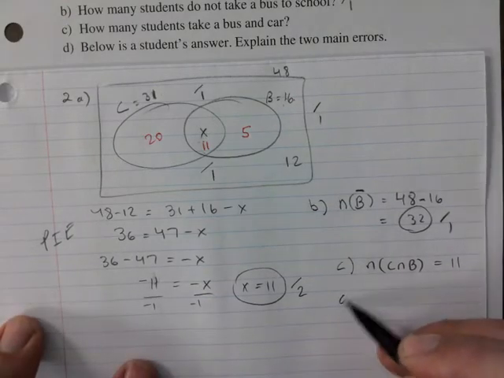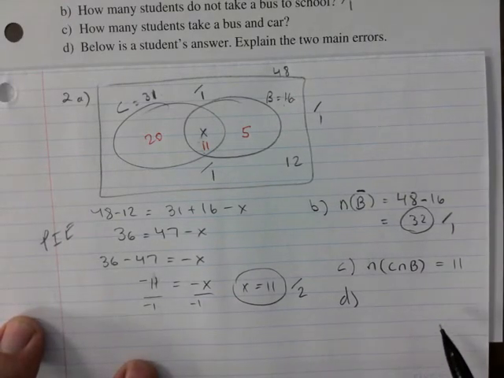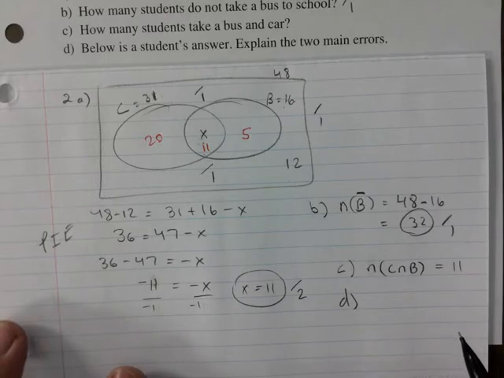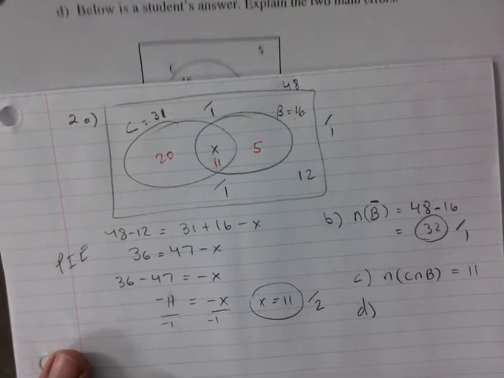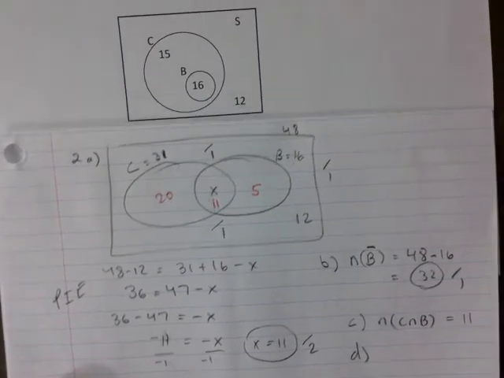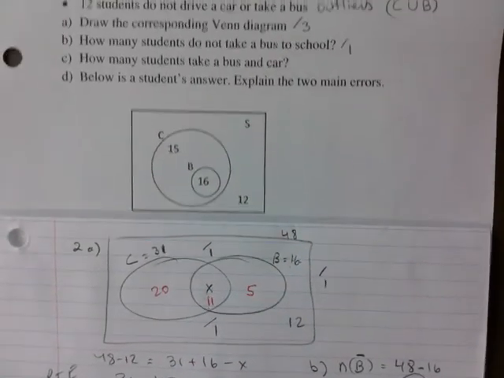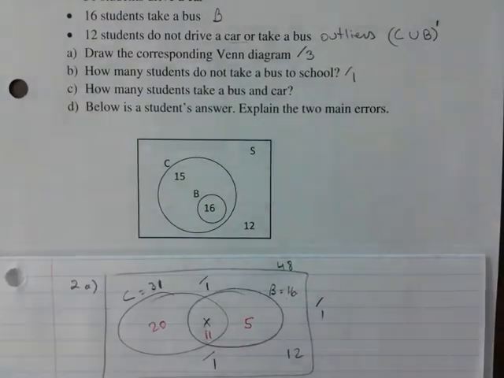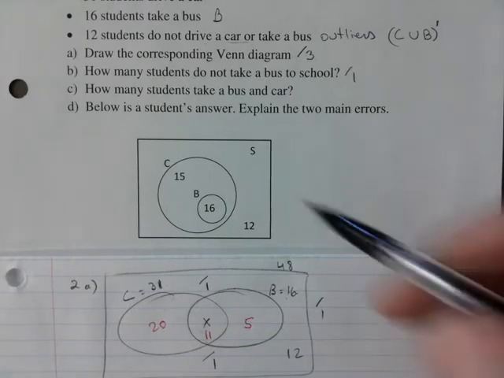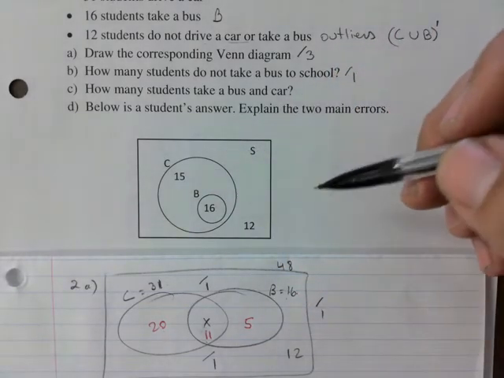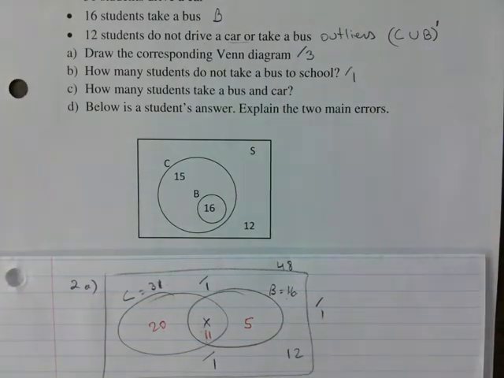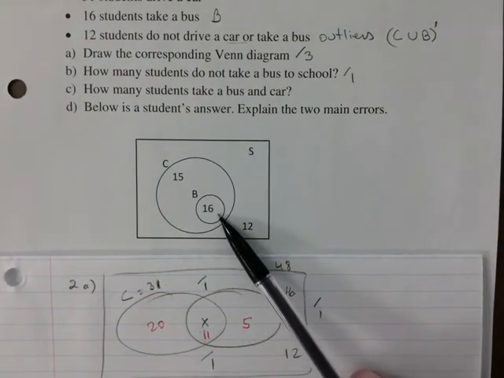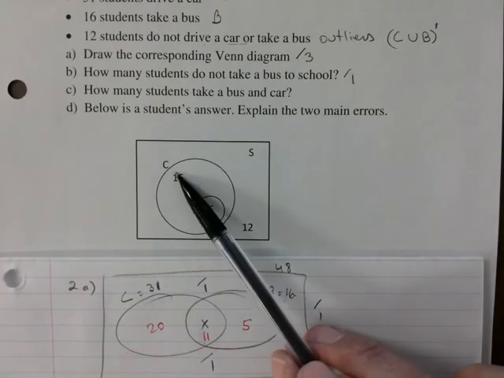And for D, below the student's answer, explain the 2 main errors that were made. What are the 2 main errors made here? They used the wrong diagram. How is this wrong? It's a subset. Not all students riding a bus also ride a car, right?